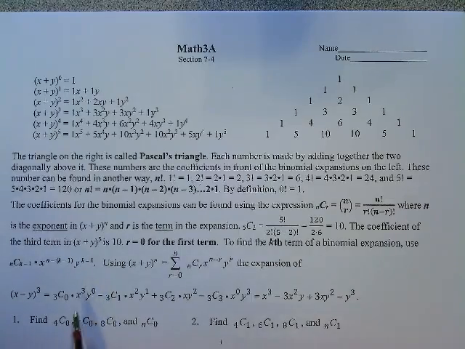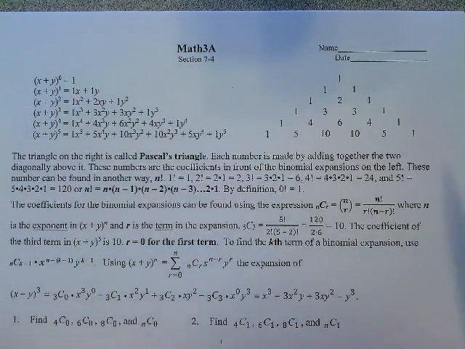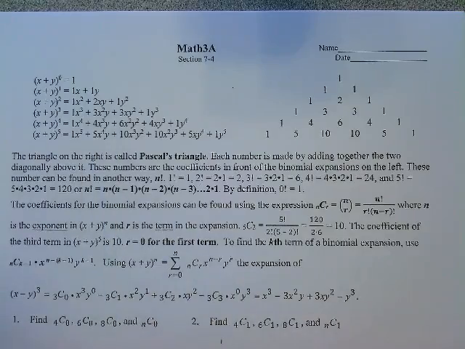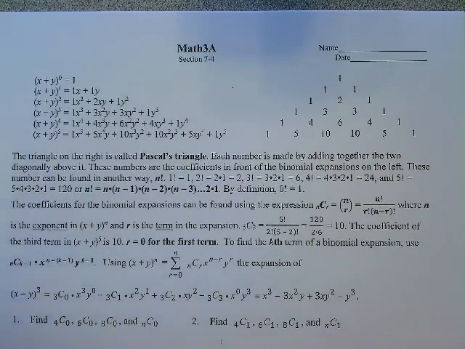Note that the x part, the first term part, starts at n and then goes down 3, 2, 1, 0. And the second term starts at 0 and then goes up 0, 1, 2, 3, up to whatever n is. And then, of course, if we go ahead and simplify, we end up with the same expression that we had at the top of the page.